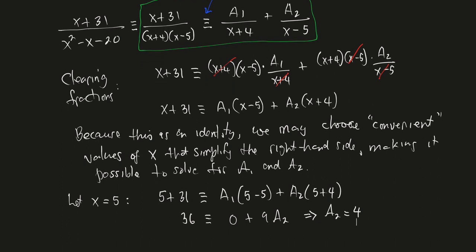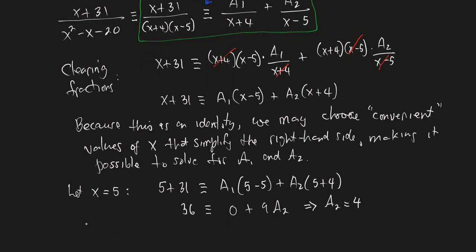So let's make that choice. If we let x be equal to -4, and again, why can we do this? Because it's an identity. It's not just some equation that's true for certain values of x. This is true for all values of x.